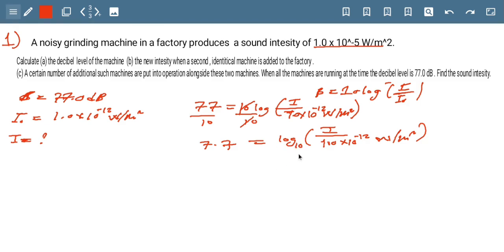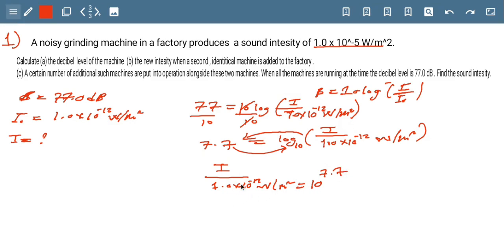To express it in exponential form, the 7.7 has to go to the other side as a power of 10. So we have the intensity divided by 1.0 × 10^-12 watts per meter squared equal to 10, the base, raised to the power 7.7, according to the law of exponentials.